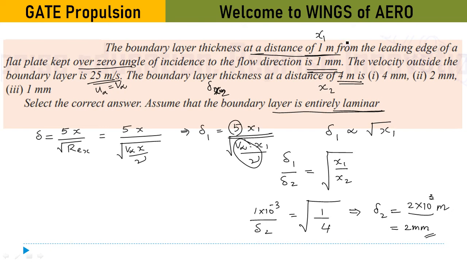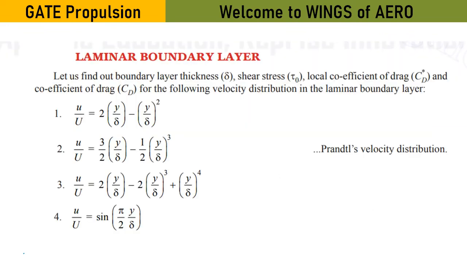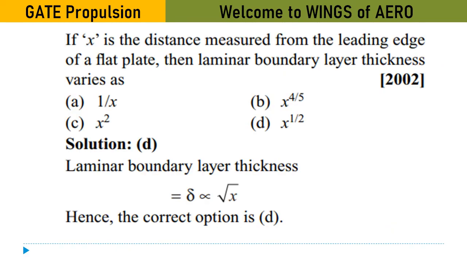As the laminar boundary layer thickness is directly proportional to root over of x, that is the distance measured, and root over of x means x power 1 by 2, the right option is going to be D. Similar kinds of questions may be asked for turbulent flow or several kinds of combinations.